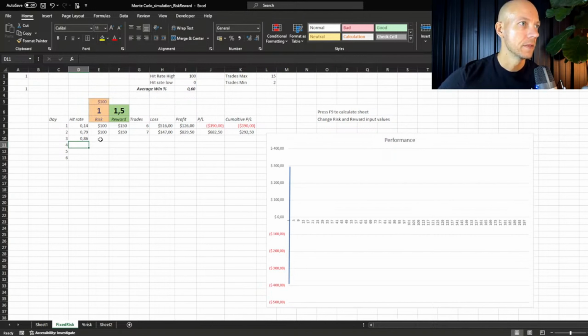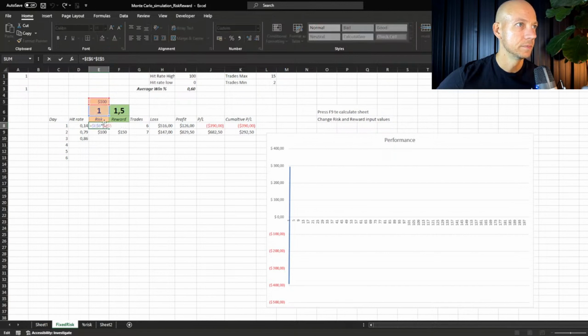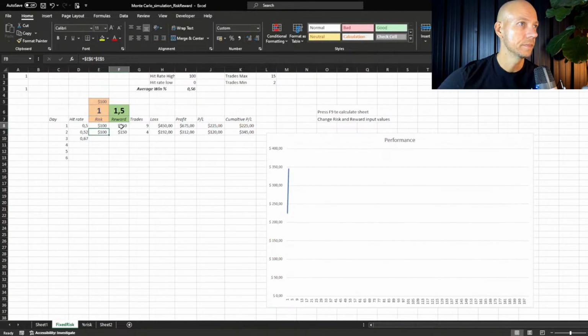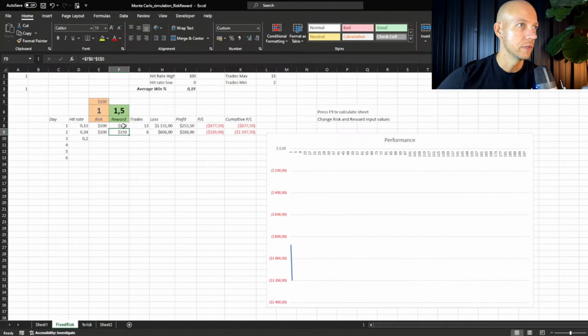All right, then I'm taking my risk $100, multiply by this risk to get this one here. Taking those cells, you can have a look there, and the same with this one to get my $150, for example.